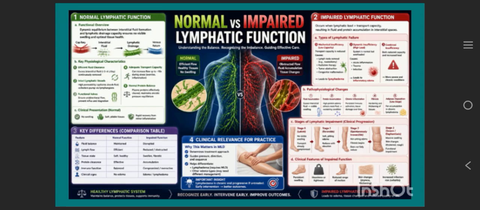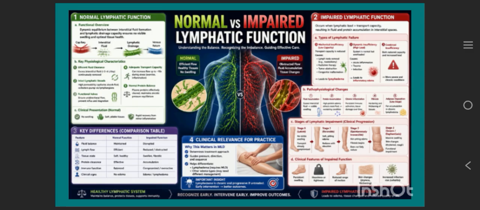Here there is high protein edema, unlike venous edema. Secondly, it attracts more fluid, causing worsening of the condition.